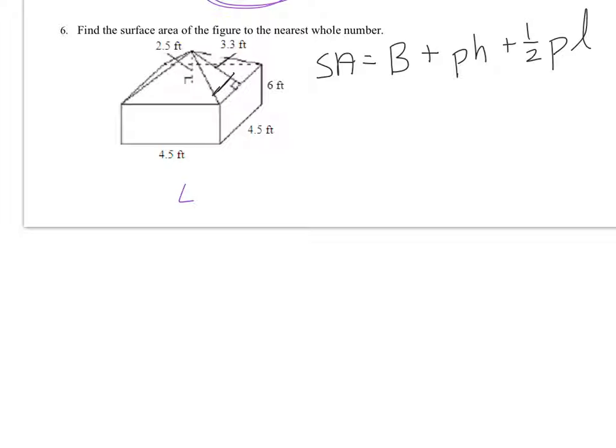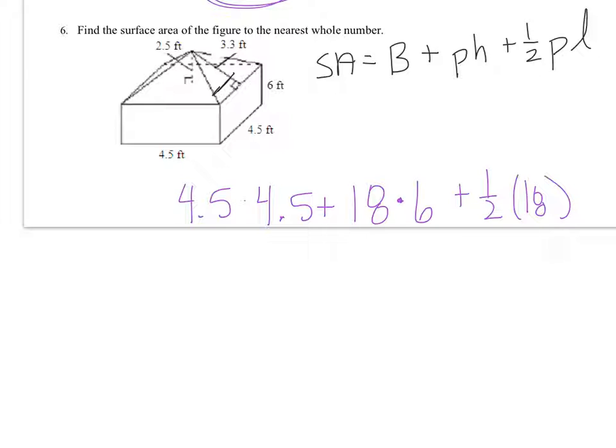My base is 4.5 times 4.5 plus my perimeter is 4.5 plus 4.5 plus 4.5. You get it, 18 times the height of that prism is 6 plus 1/2. My perimeter is still going to be the same, so that's 18 times my slant height, which is given 3.3.